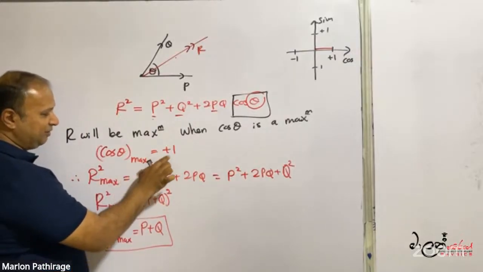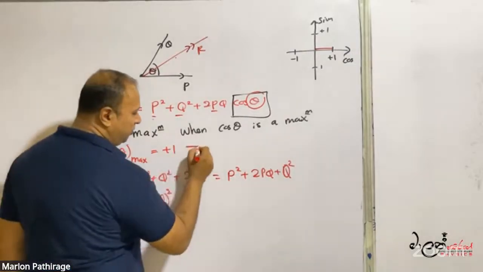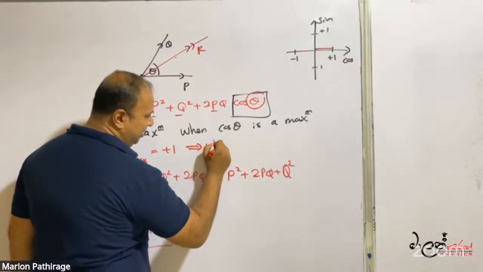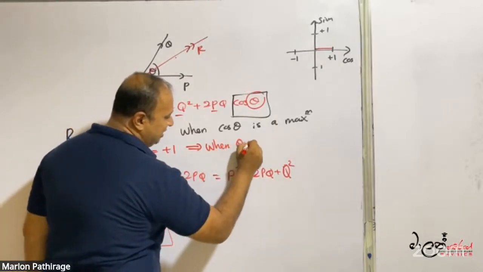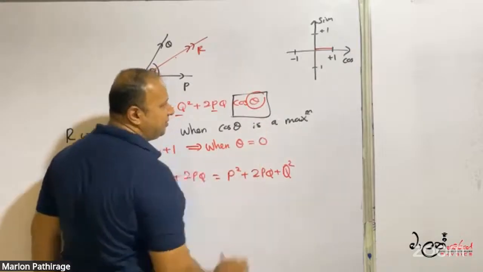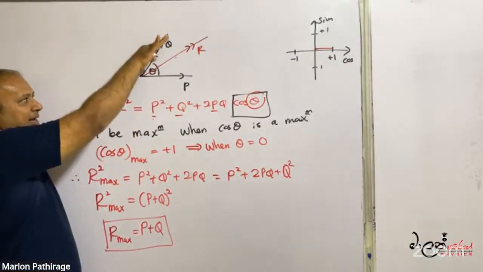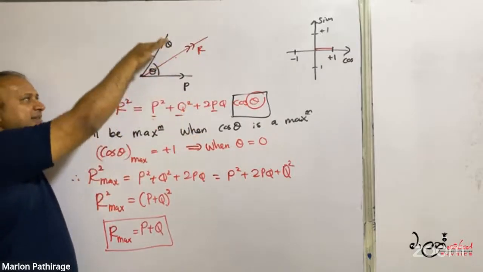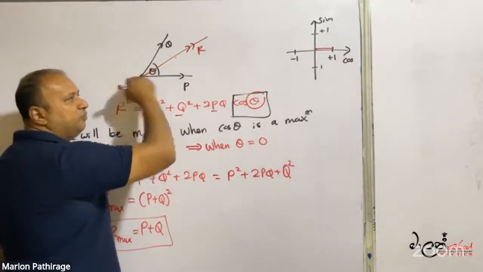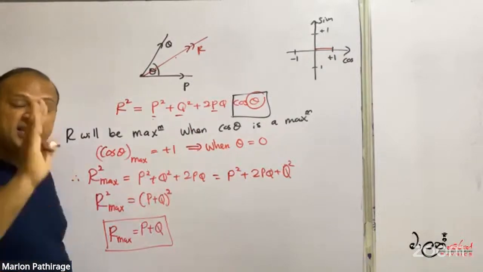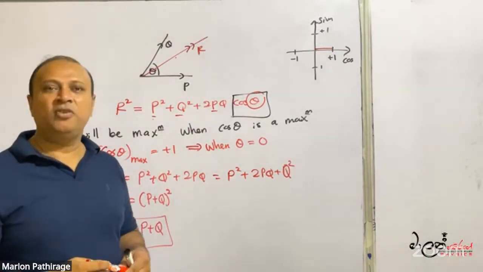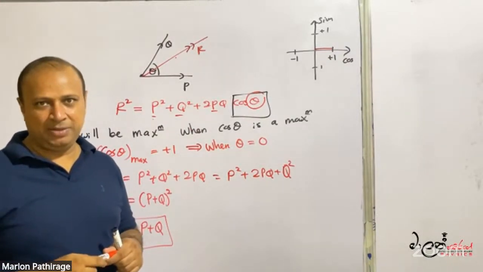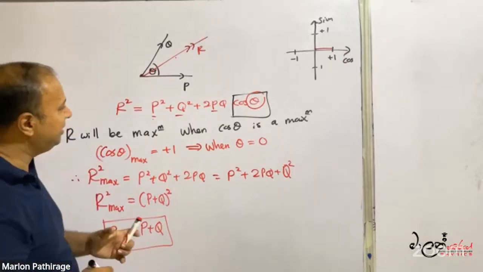So this happens when theta is equal to 0. Theta 0 means this angle is 0, which means both vectors are into the same direction. So then now it is very clear, no?